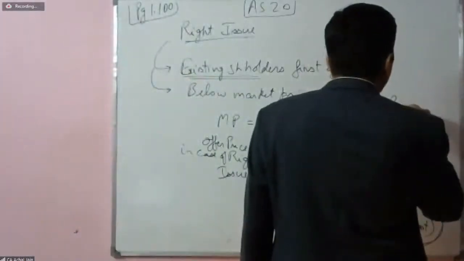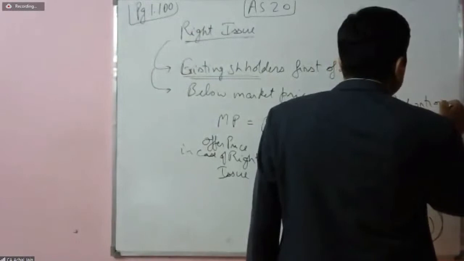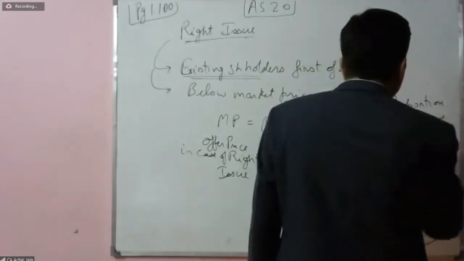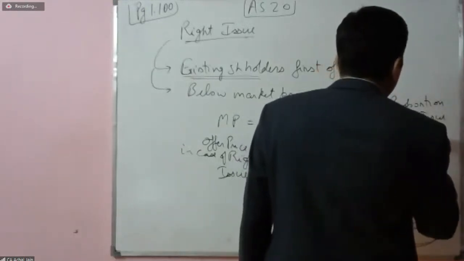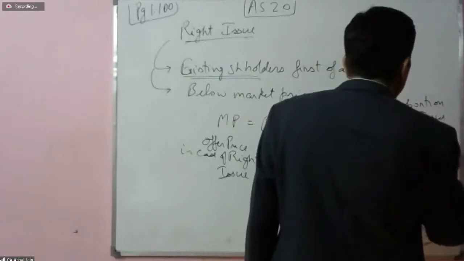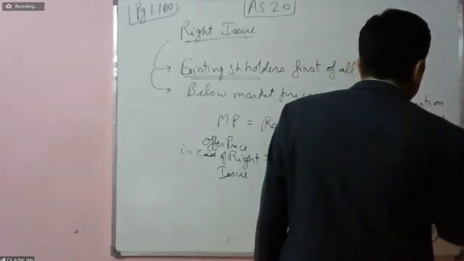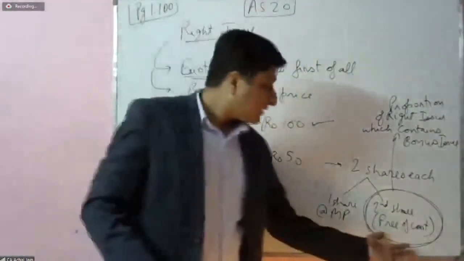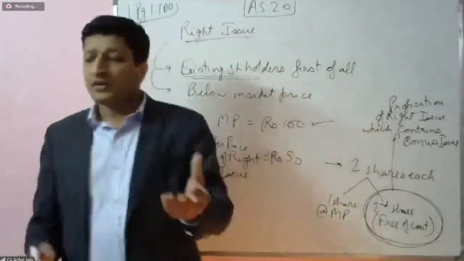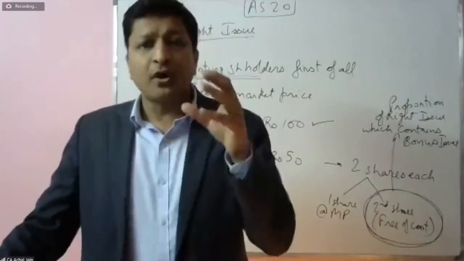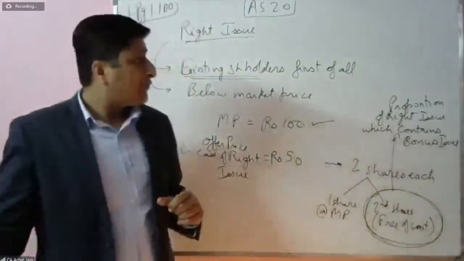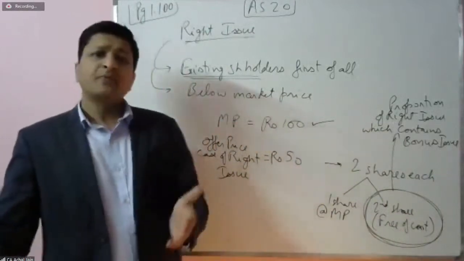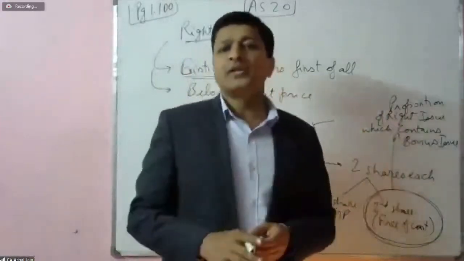So this is the proportion of right issue which contains bonus issue. Yeah, in a way, we can say that this is the part of the right issue which contains the bonus issue. Now, for the purposes of computing this weighted average, we will have to compute this proportion every time there is a right issue, and that proportion will have to be considered while computing the weighted average.